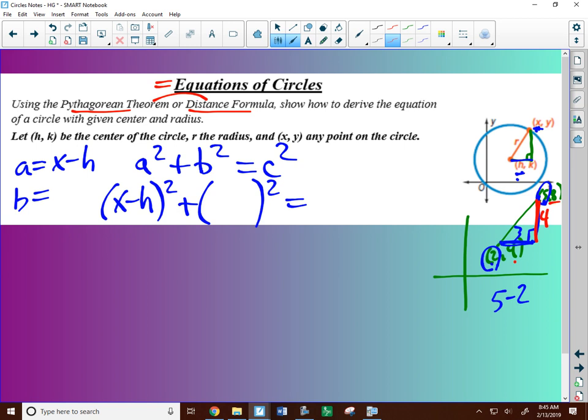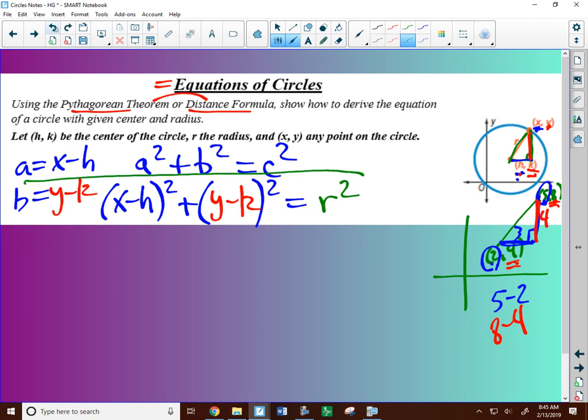Really what we did, though, is take 8 minus 4. That's what you would really do, subtract those to find that length. So we do the same thing here. This value minus this one is going to be this length. y minus k. And finally, the hypotenuse is the radius. So c is r, so it's r squared.